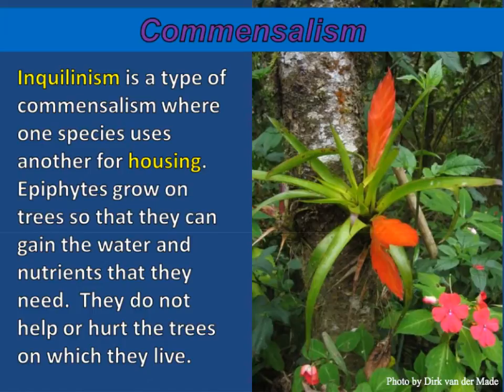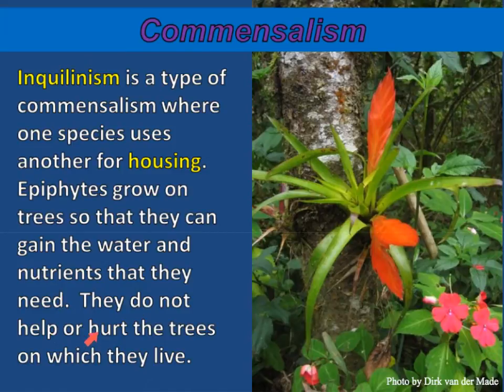Alright, so let's talk about another example of commensalism. Let's talk about trees and epiphytes, okay? Inquilinism is a type of commensalism where one species uses another for housing. For example, epiphytes grow on trees so that they can gain the water and nutrients that they need.